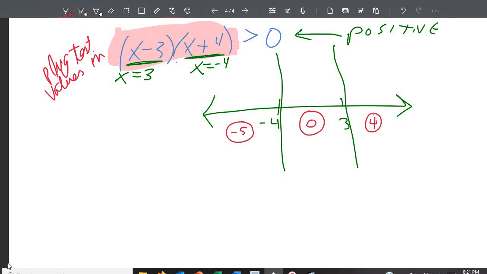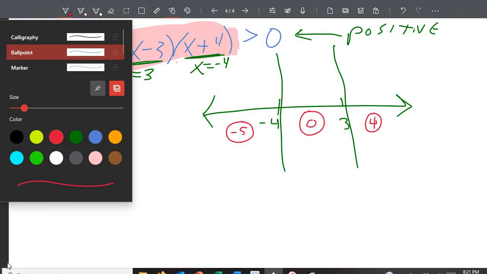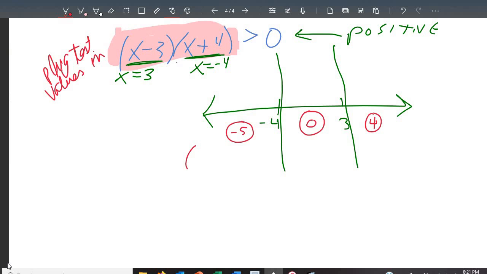Now here's what it's going to look like. This is where the signs come in. We'll have negative 5 minus 3, negative 5 plus 4. When we simplify that, we'll get negative 8 and negative 1. When we simplify that, we'll get a positive 8.